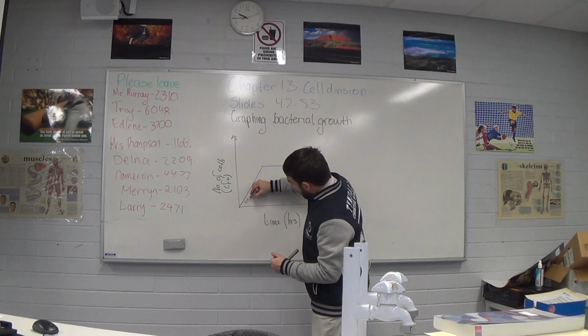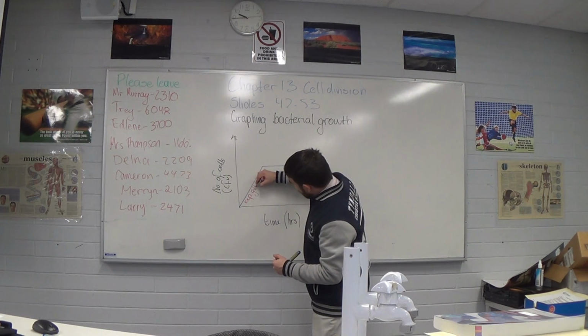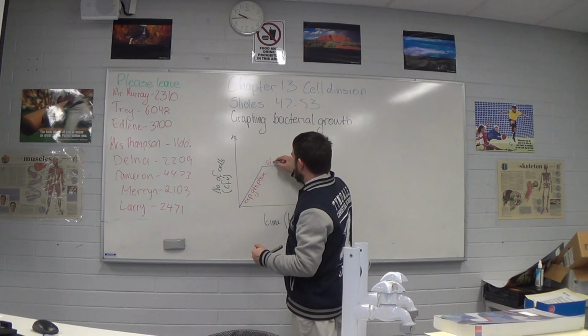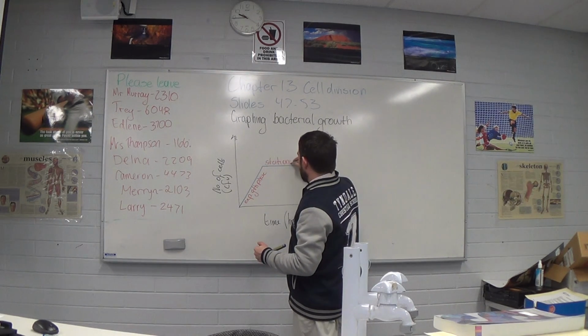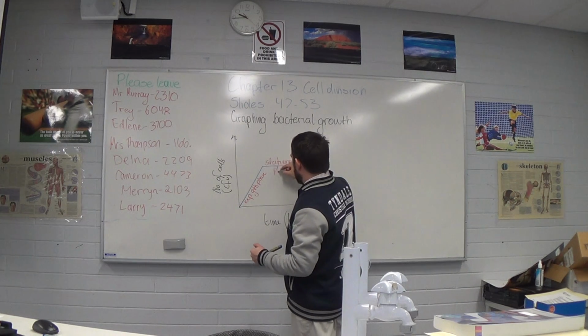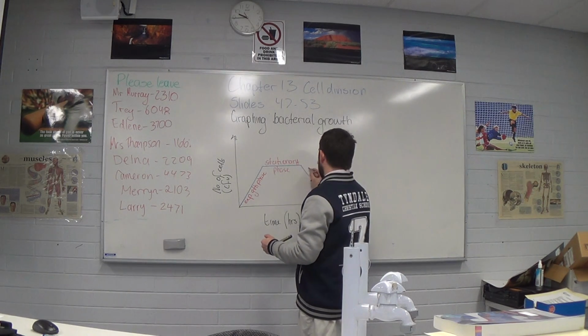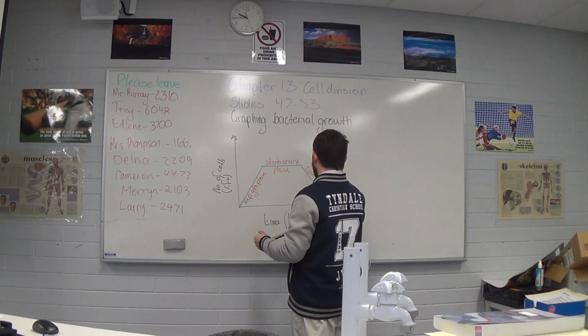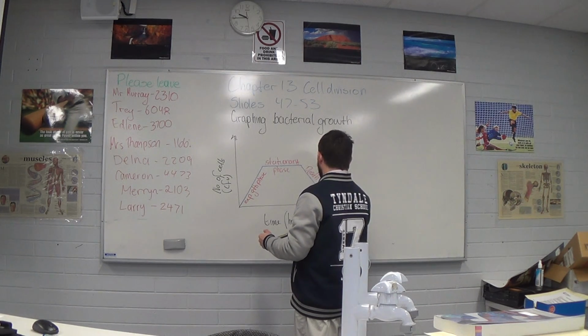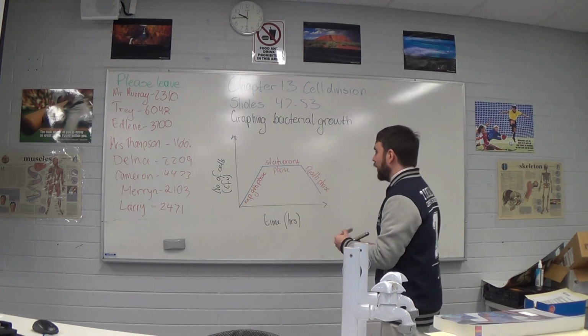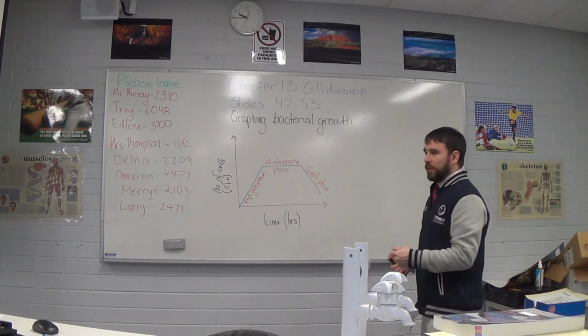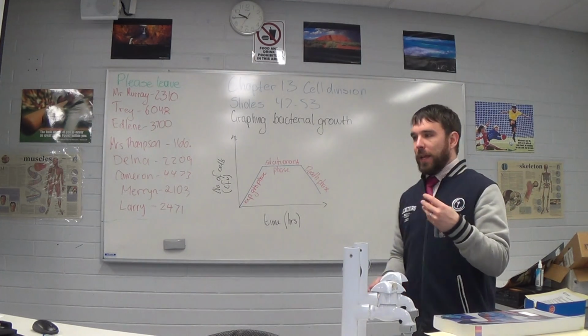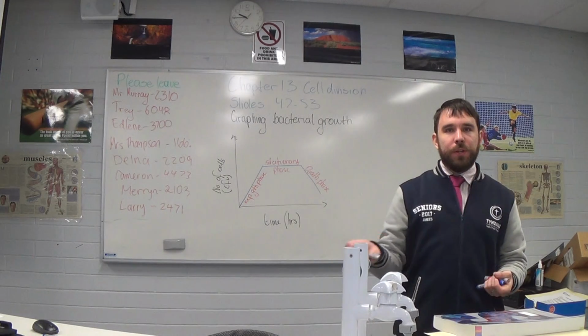So we'll shorthand that exponential growth phase, stationary phase, and then a death phase. And the exponential growth phase is characterized by a higher rate of reproduction than death.